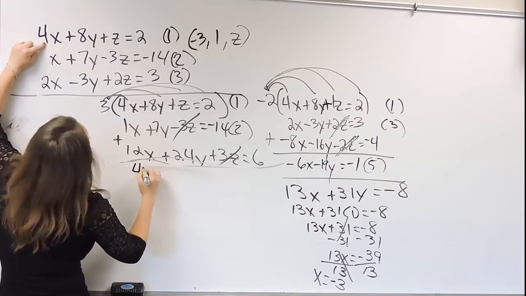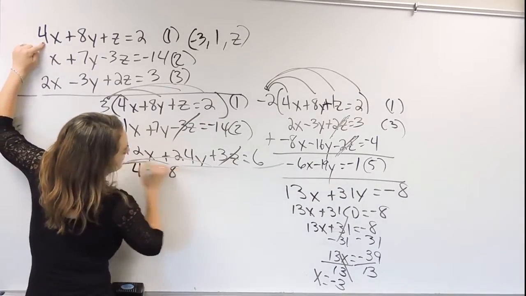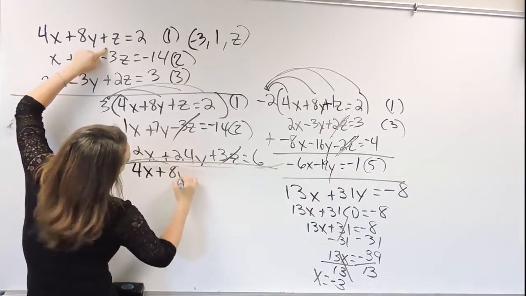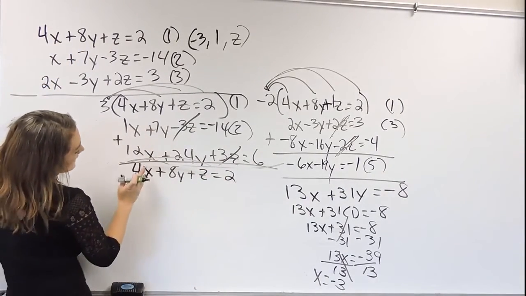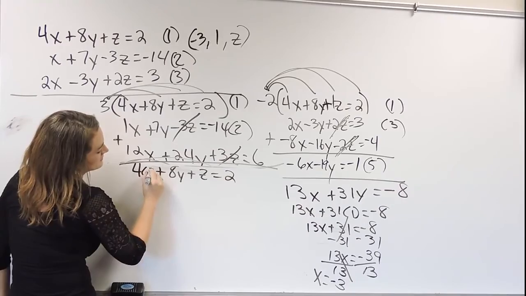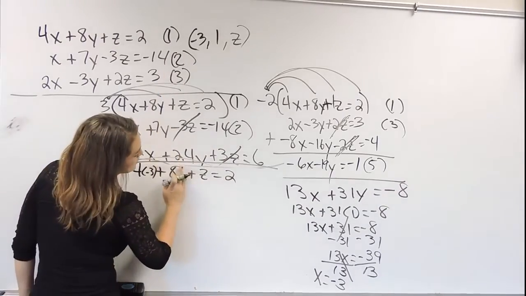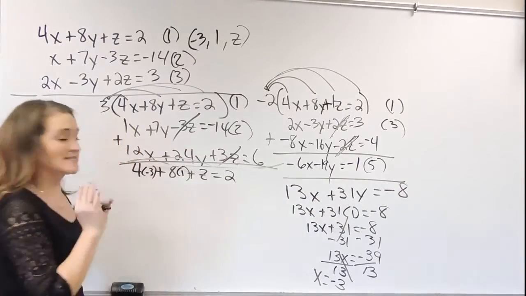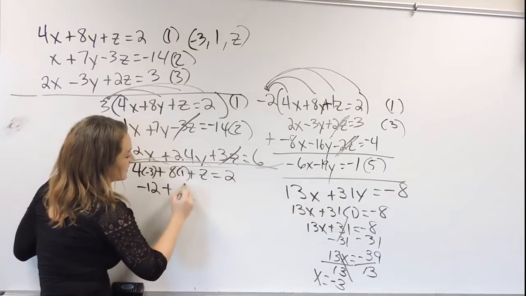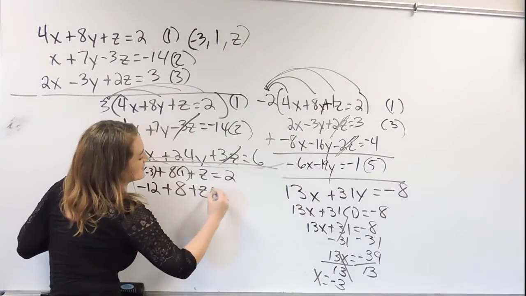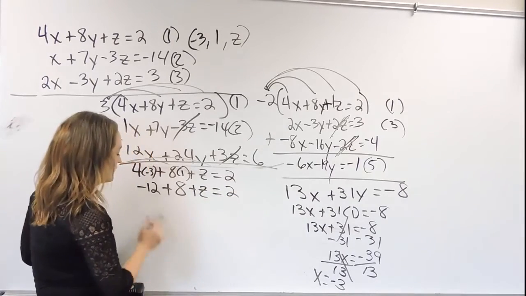I'm going to pick the top equation, 4x plus 8y plus z is equal to 2. x is negative 3 and y is 1, so I'm going to simplify this. 4 times negative 3 is a negative 12, plus 8 times 1 is 8, plus z is equal to 2.